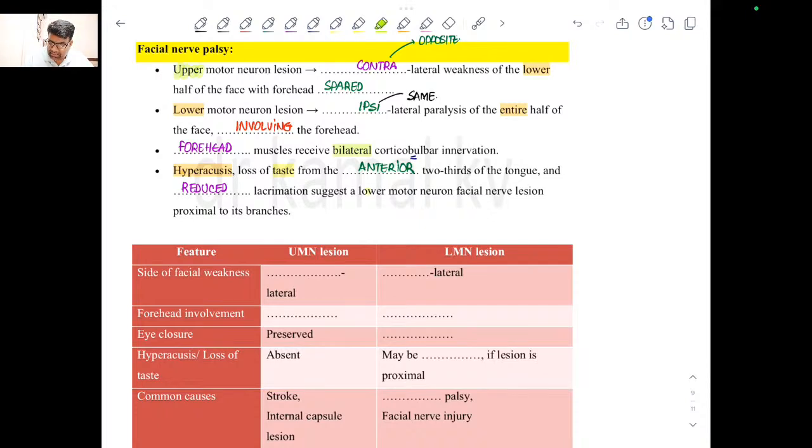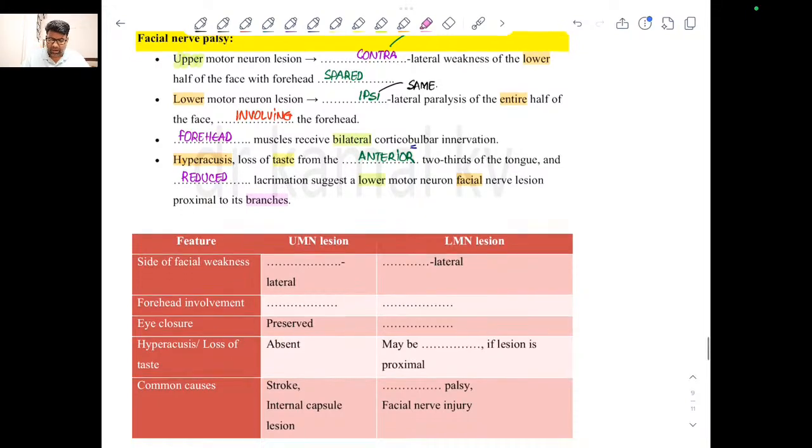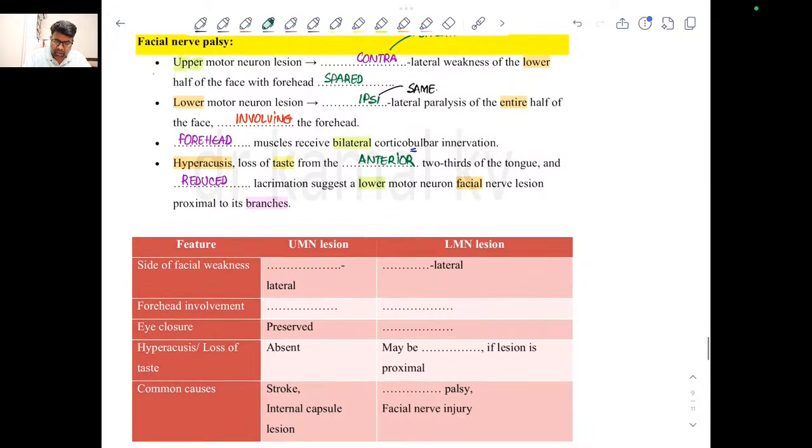This all suggests that there is a lower motor neuron type of facial nerve lesion proximal to the respective branches, like the nerve to stapedius or the chorda tympani nerve. If there is a lesion before that, obviously these findings will come. So this is how at least you should remember the upper motor neuron and the lower motor neuron.